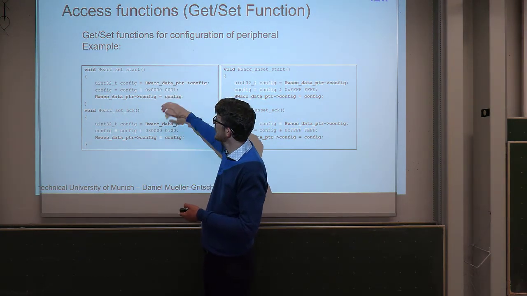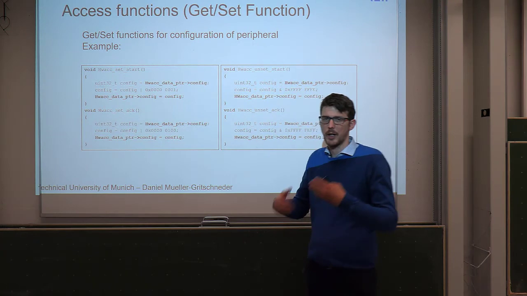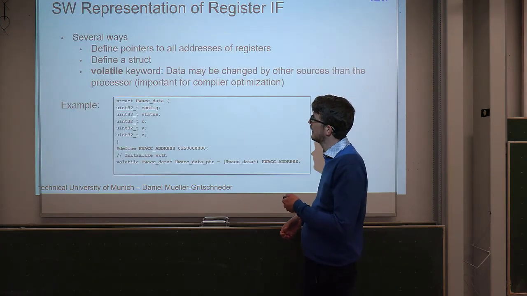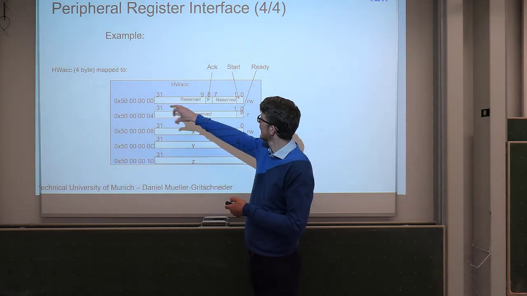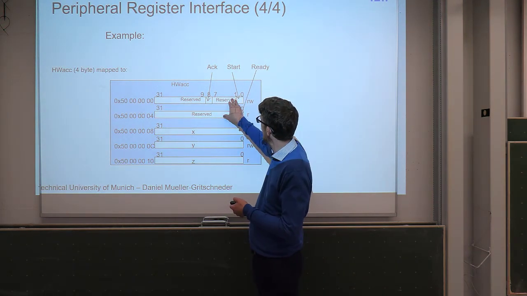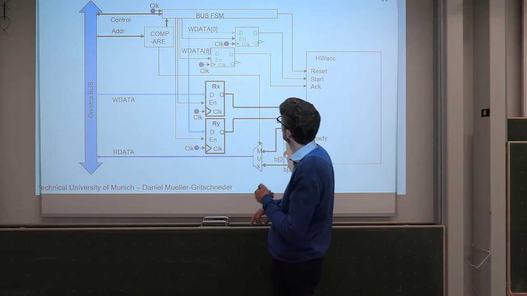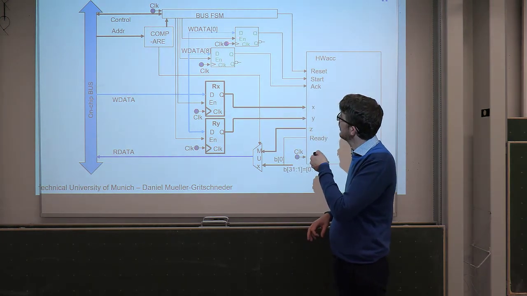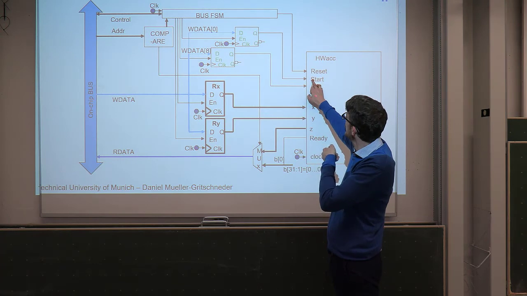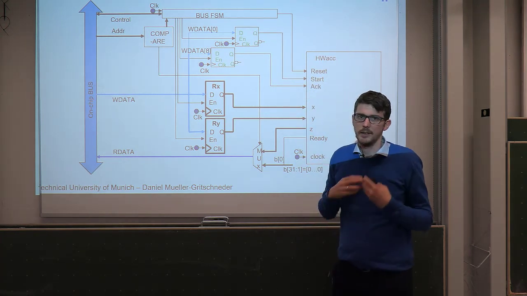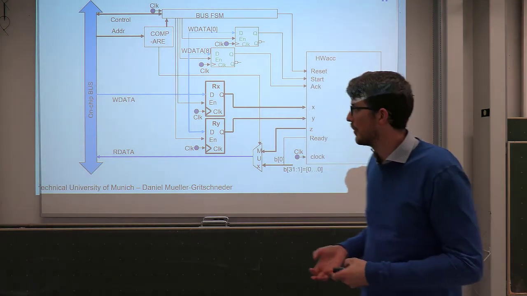So what this command is doing is a so-called read-modify-write command. It reads the value, sets the lowest bit, writes it back, and then you're setting the value going to start, so you're setting this flip-flop, so now start is going to 1, and now the device knows I have to start the computation.